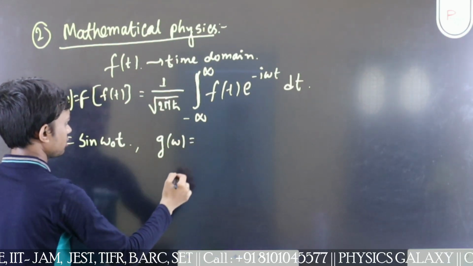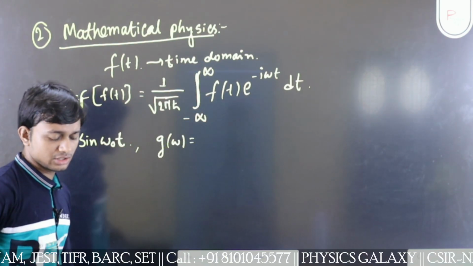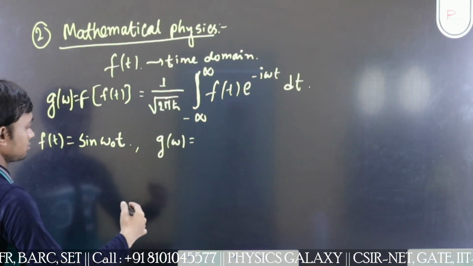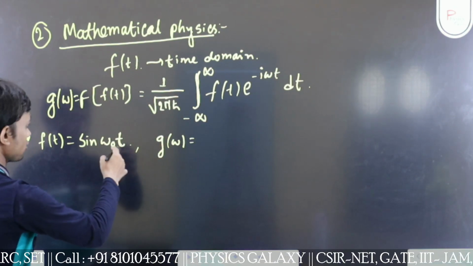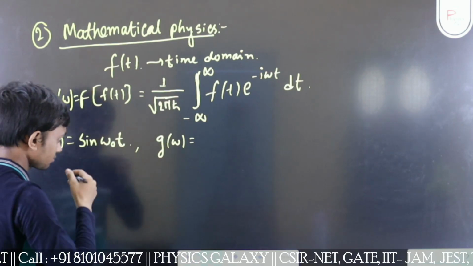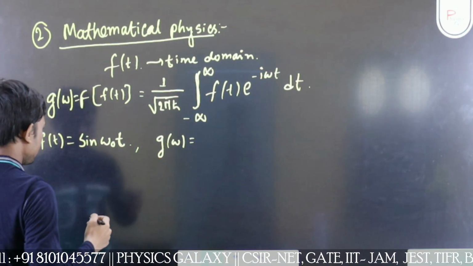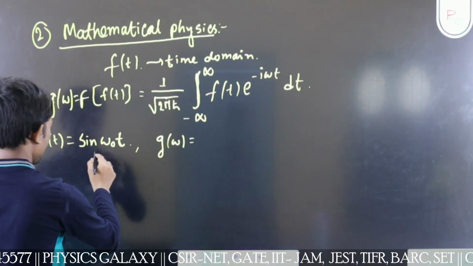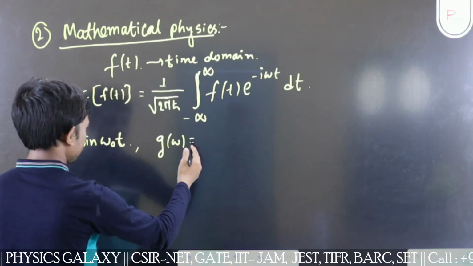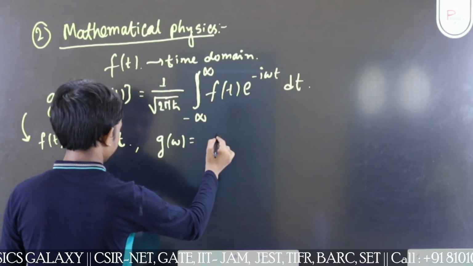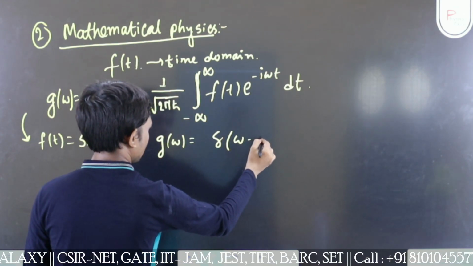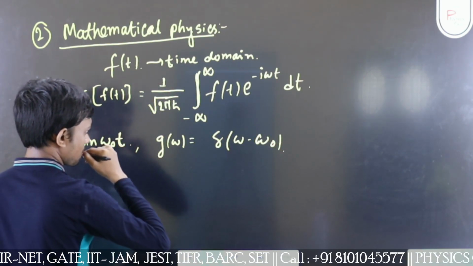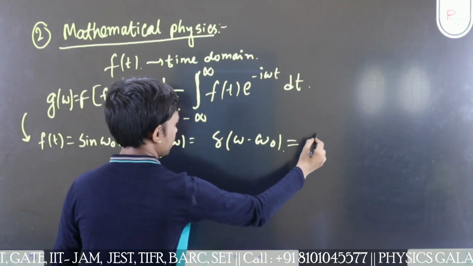I simply proceeded with the definition, but they stopped me and asked, can you write the expression of the Fourier transform of sine omega t directly? I stopped and wrote down that sine omega naught t gives a Dirac delta function.